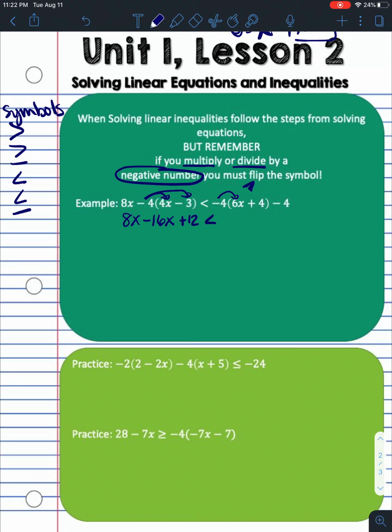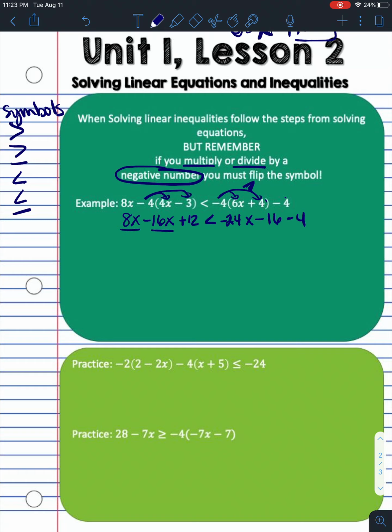And then I'm going to distribute this negative 4 through. So we have negative 24x minus 16 minus 4. Okay, notice I did not distribute to the negative 4 out here. I only distributed to the things inside of the parentheses, okay? This minus 4 is a whole other piece. We're not going to distribute to that.